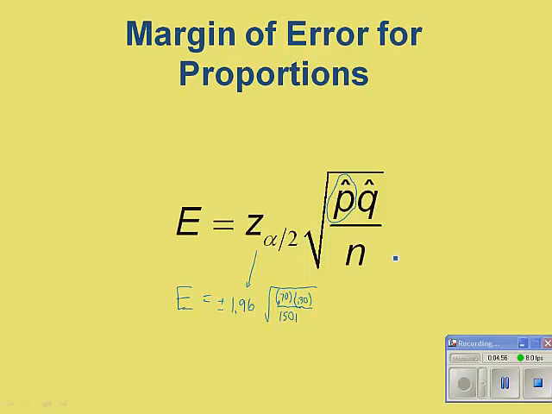Notice that the large sample size reduces what is called your margin of error for a proportion.